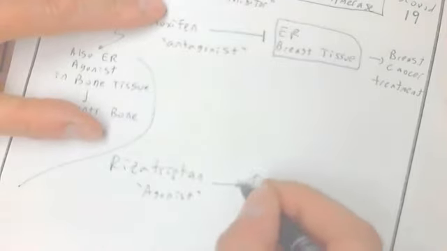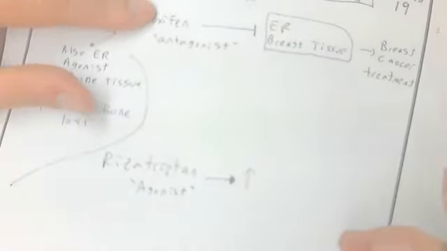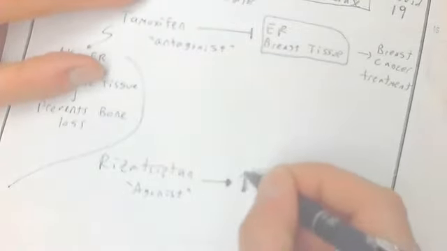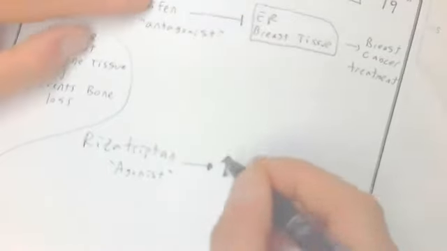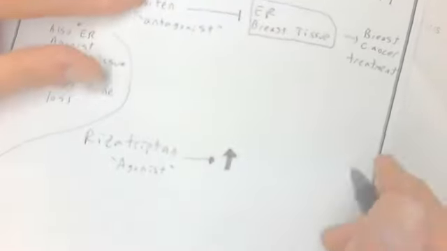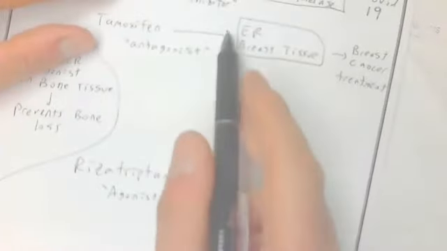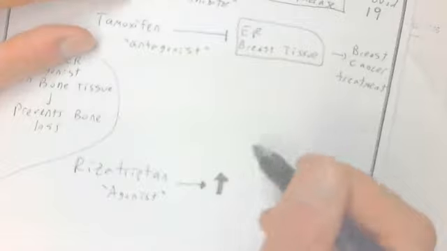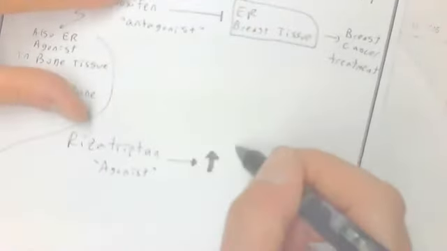So how do we show agonist? One way is to draw an arrow and then have a big arrow to suggest upregulation of the target. There are other ways to show this, but if antagonists and inhibitors are a little line with a cross, this is a way you can show what an agonist would look like.